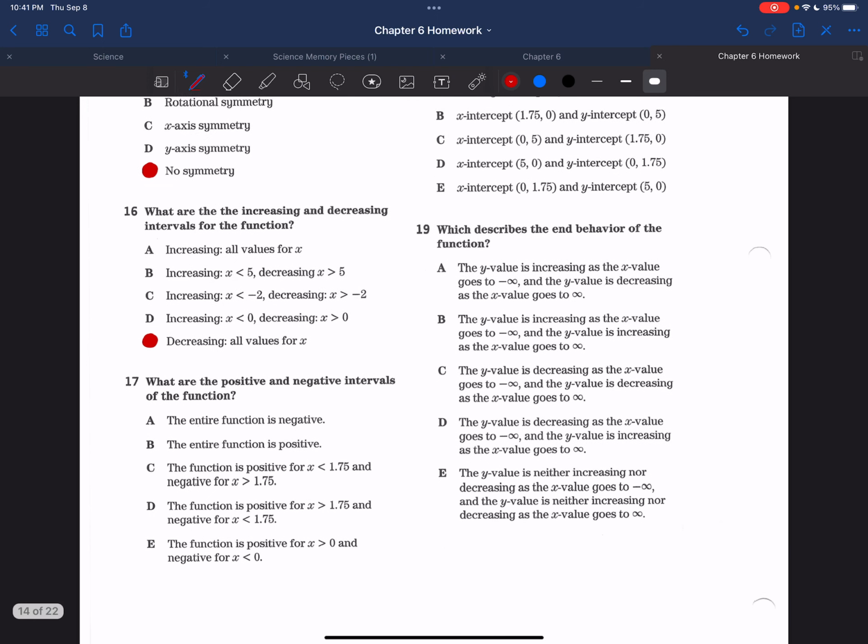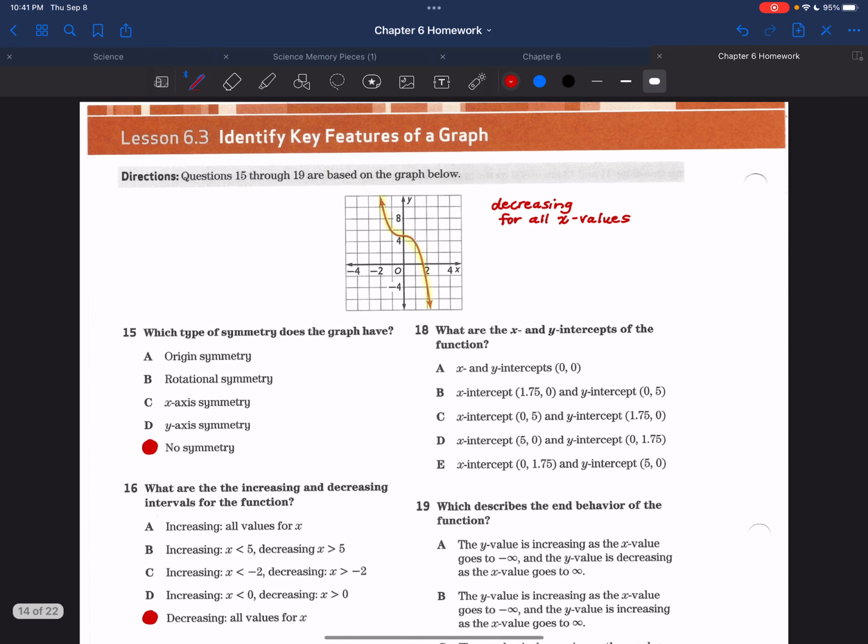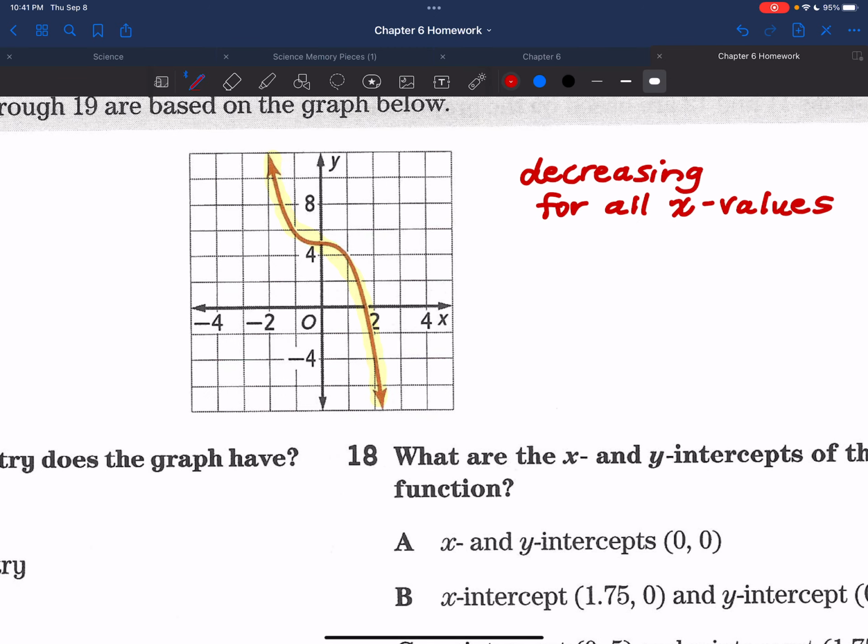Number 17. What are the positive and negative intervals of the function? Well, let's take a look. And I'm going to erase again. Remember, positive and negative intervals are related to the x-axis. So let's see where the function crosses the x-axis.